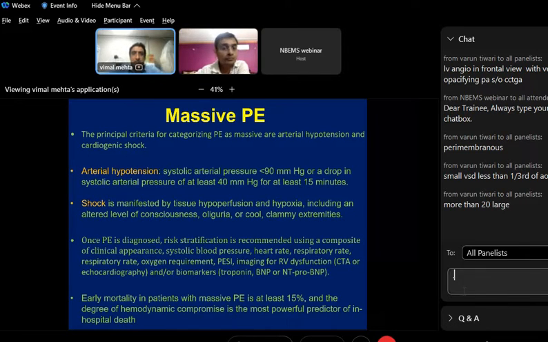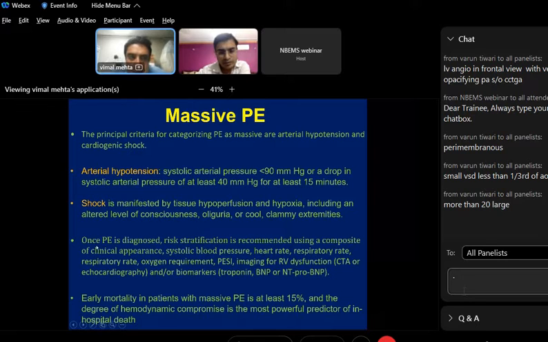And if the patient does not have hypotension or shock, but on echocardiogram you have features of right ventricular dilatation, then it is called submassive pulmonary embolism.